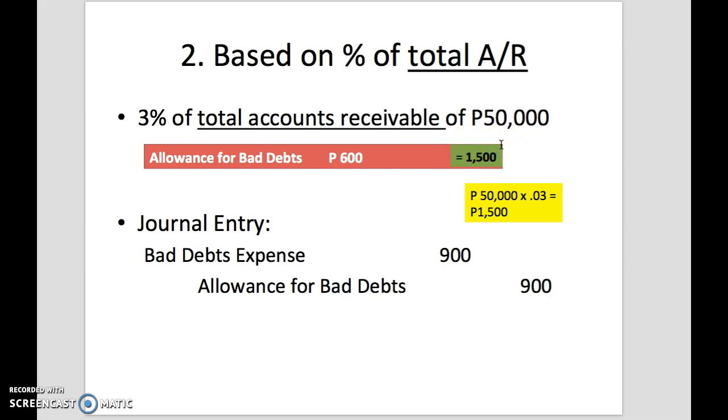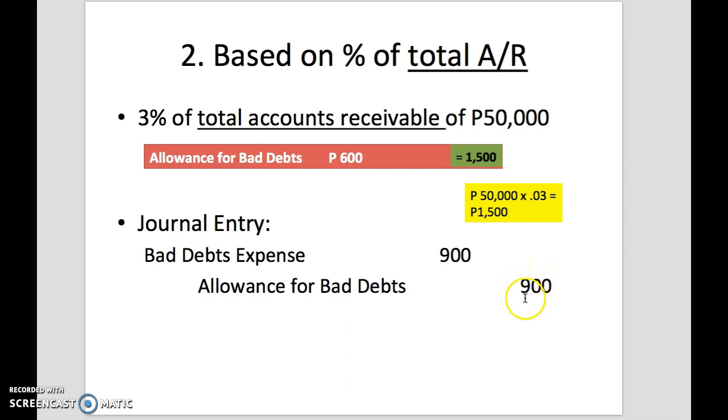This means that in the middle, we need to add a certain value so that your allowance for bad debts will be 1,500. Given this, 1,500 minus 600 will give me 900, so your allowance for bad debts will increase by 900.